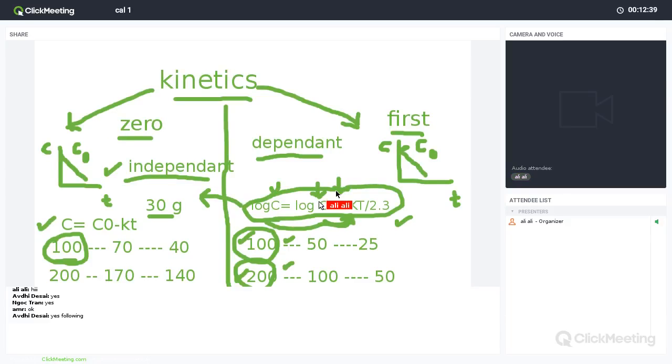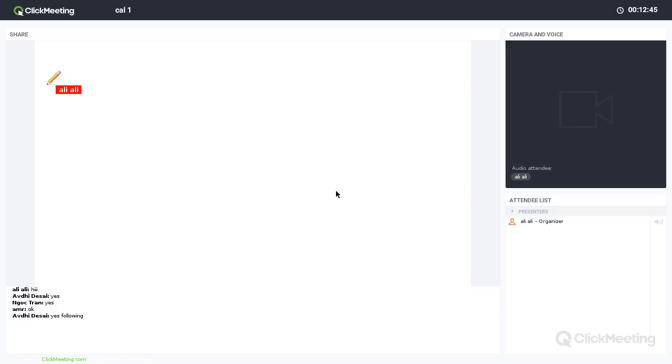So this is the first important equation we will solve questions with.